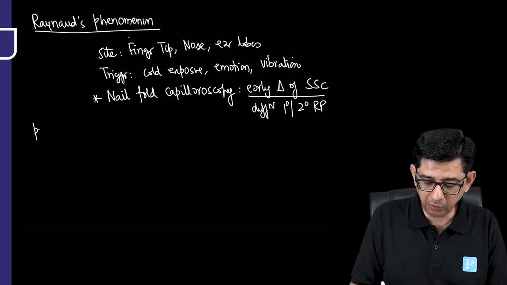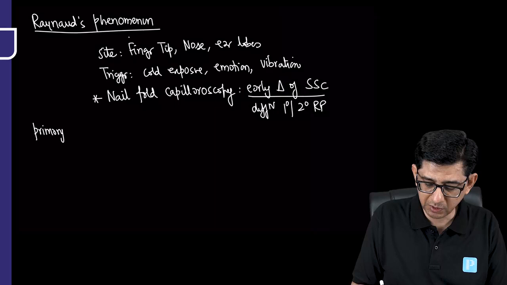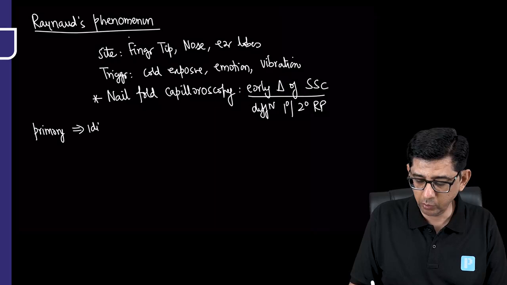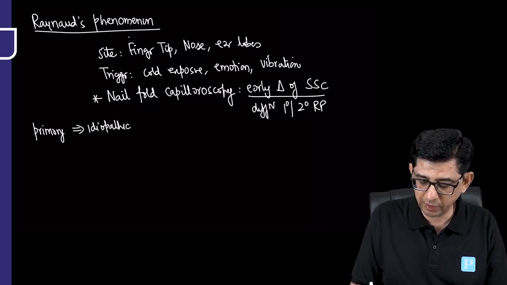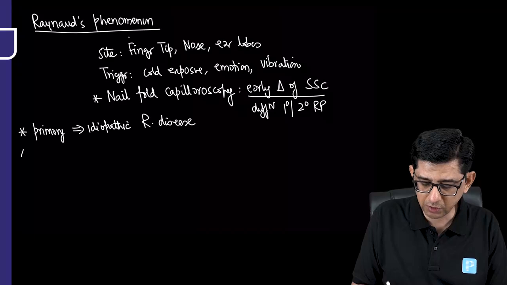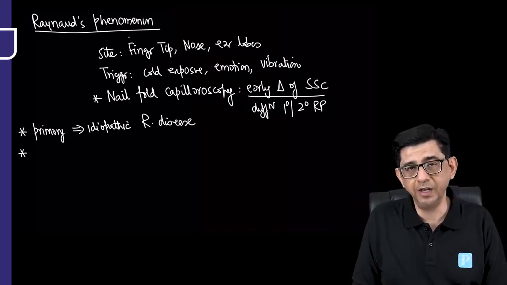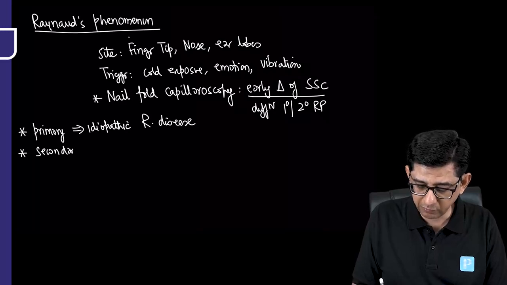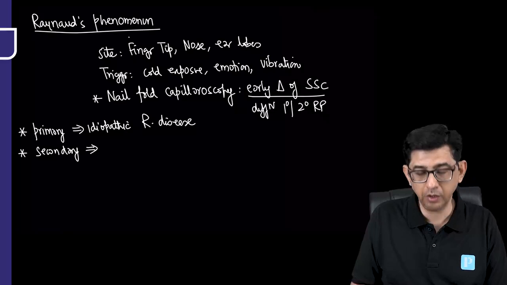What I mean by primary, though you read about this in surgery as well, but let me just do my part, is the idiopathic variety, and this idiopathic variety is technically called Raynaud's disease. So in an MCQ, he is going to use the term Raynaud's phenomenon of the secondary variety, because systemic sclerosis per se is a connective tissue disorder which is contributing to Raynaud's phenomenon.